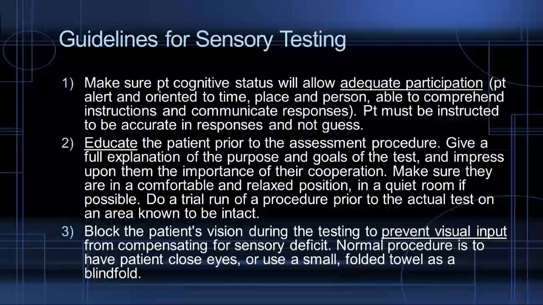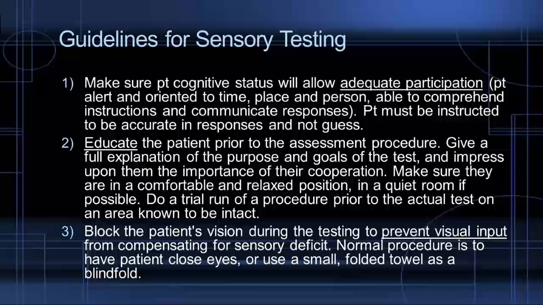In our role as the examiner, we have to educate the patient and tell them why we're doing it, what the goals are, and how important their cooperation is. You have to make sure they're comfortable and relaxed, and preferably in a quiet room with no distractions.